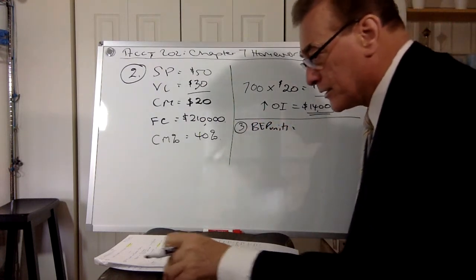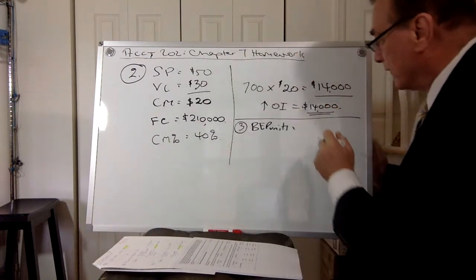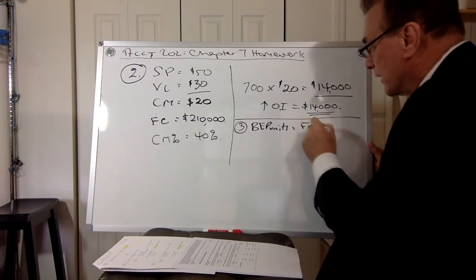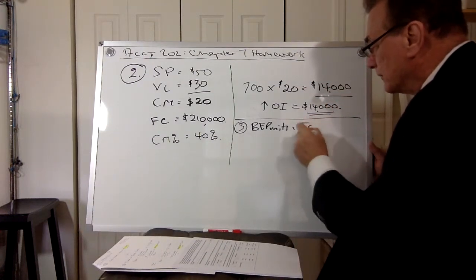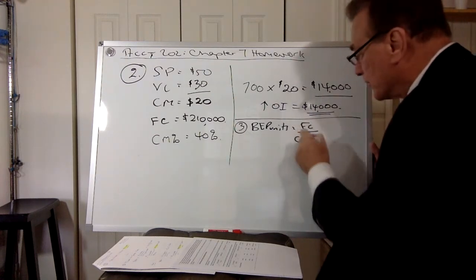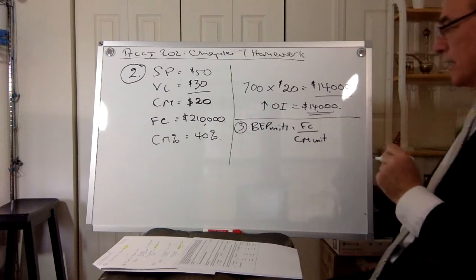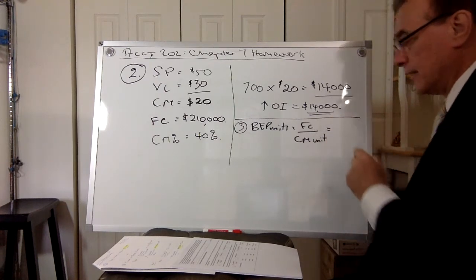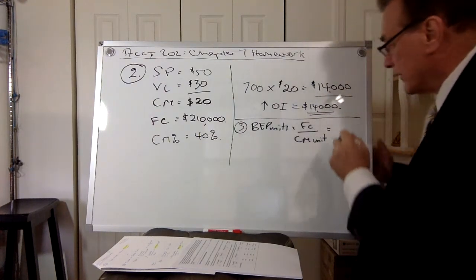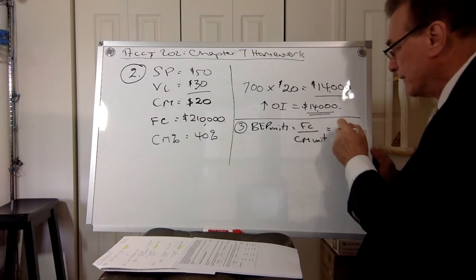Break-even point in units, the formula is the total fixed cost divided by the contribution margin per ticket or per unit, right? And that will give us the number of tickets to break even.